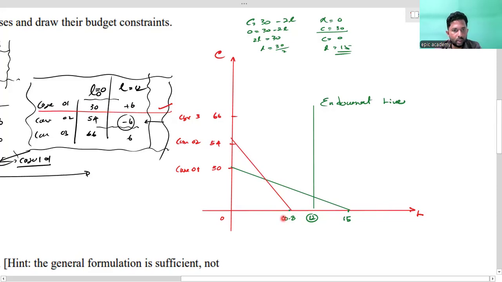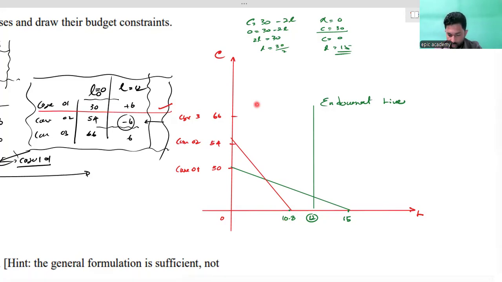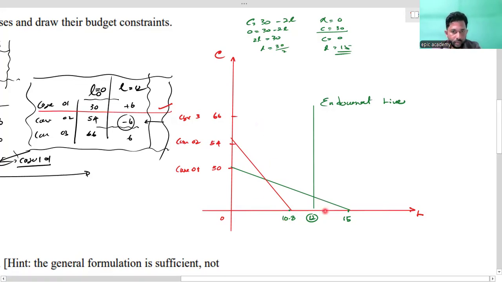Right. This is case number 2. And on the other hand, next one, it is 66 minus 5L. So then 0 equals 66 minus 5L. That means 66 divided by 5. It is 13.2.